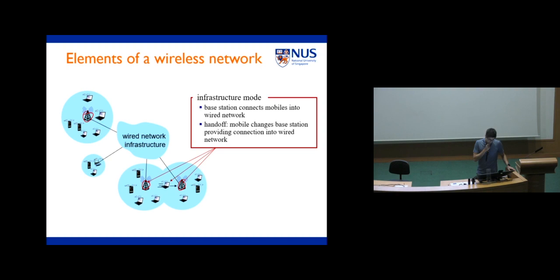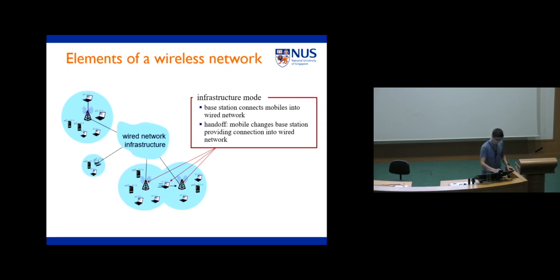And in the infrastructure mode, let's say some wireless host is changing its location, in particular this guy here. It is moving from the base station on the left to the base station on the right. Well, in that case, we have to handle mobility, right? Let's say you are at this host sending data over to this guy. Well, how does it go?